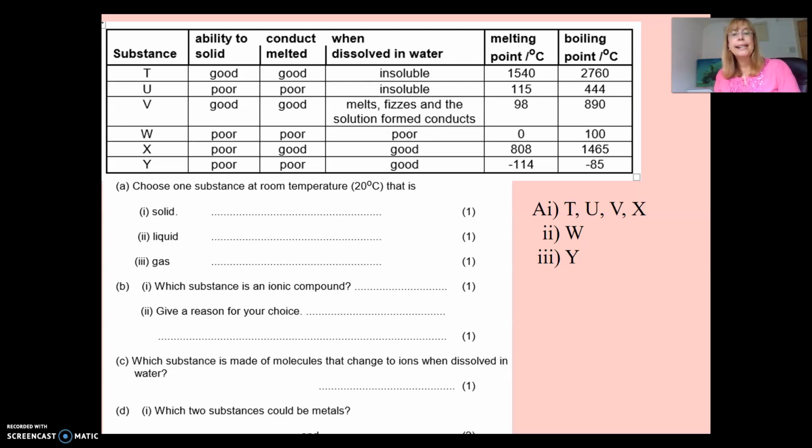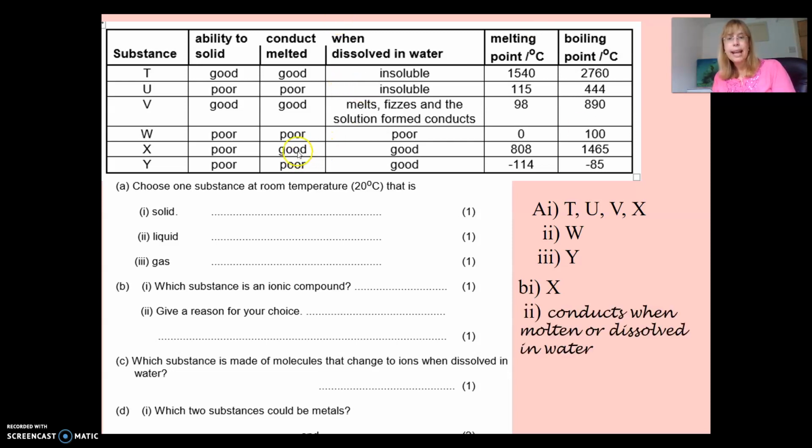Which substance is an ionic substance, and give a reason for your answer. You would have got X because if we look at the table, it conducts electricity when it's melted or dissolved in water. That is our clue. You've got to be a bit of a detective as you analyze the data you've been given. Which substance is made out of molecules that change to ions when they are dissolved in water?